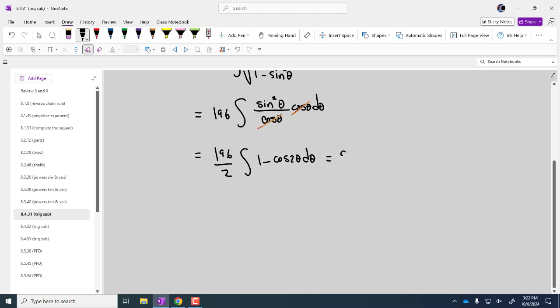So we're going to get 98, multiply. Integral of 1 is just theta. How about the integral of cosine 2 theta? Sine 2 theta over 2. Yep, sine 2 theta over 2. Perfect. Plus c. Now we need to use an identity. Sine of 2 theta is equal to 2 sine theta cosine theta.